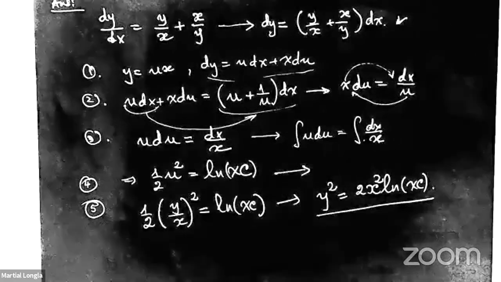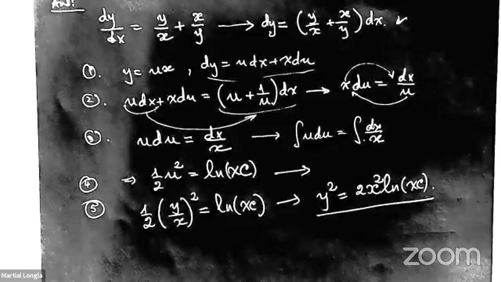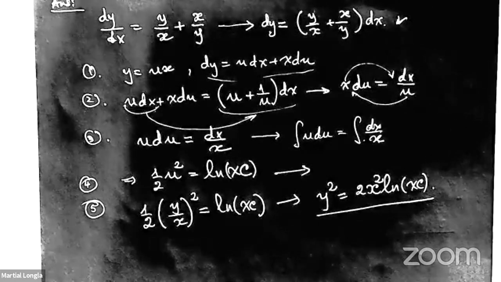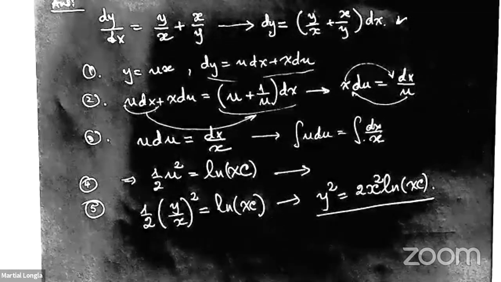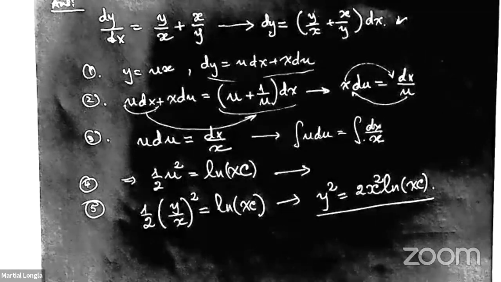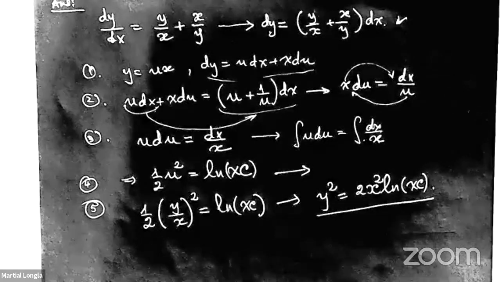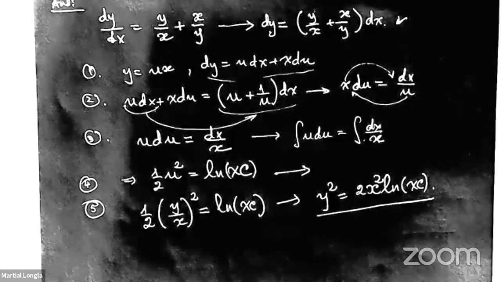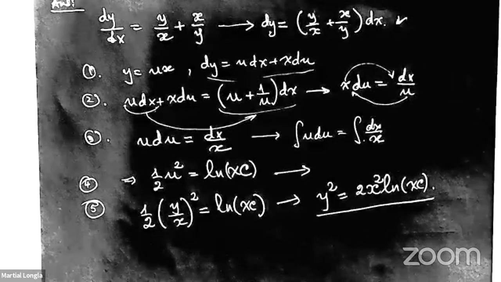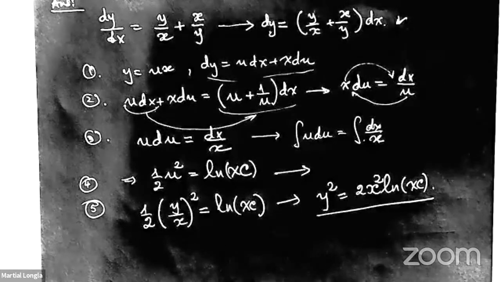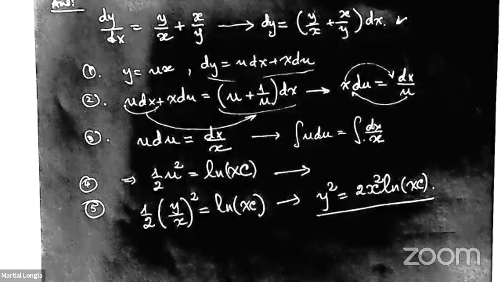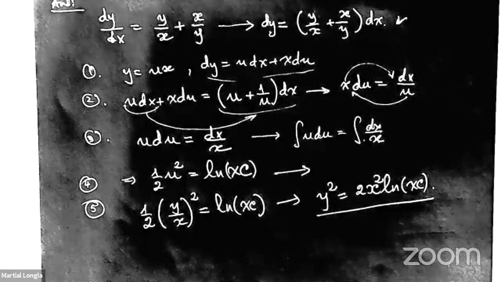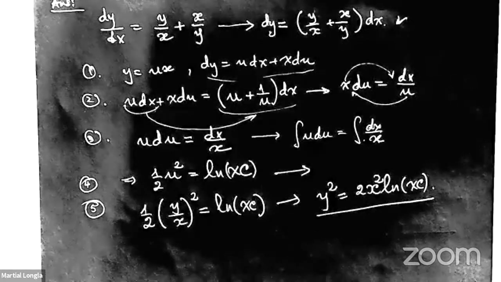Why? Who will tell me why we don't need to worry about that? Because x equals 0. Why don't we have to worry about that x equals 0 as in the other problems? Or is it because there's nowhere where we divided by x?